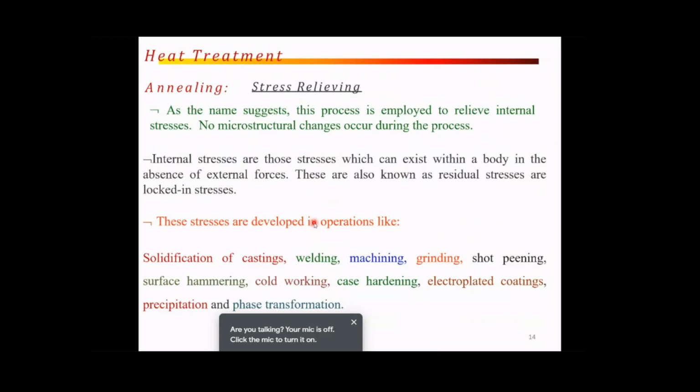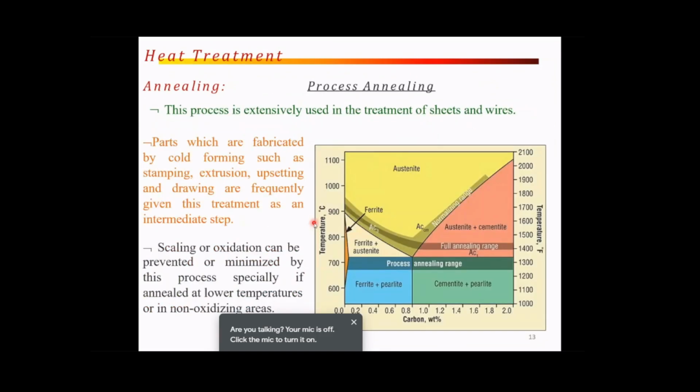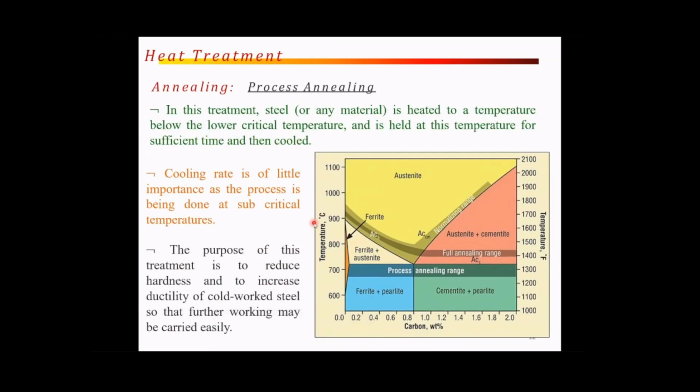Then the second one is full annealing. In the full annealing process, low carbon steel is heated up to 900 degrees Celsius, then slowly cooled.